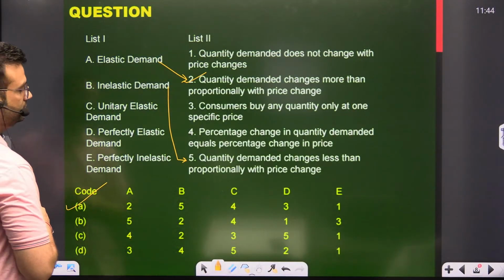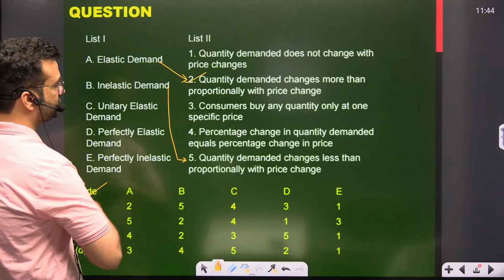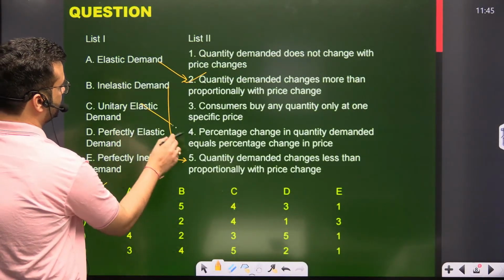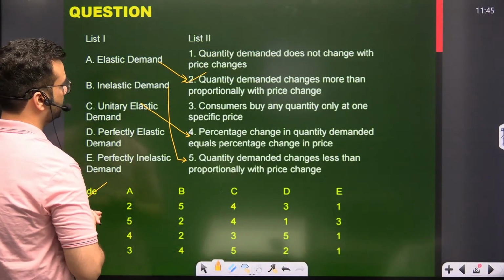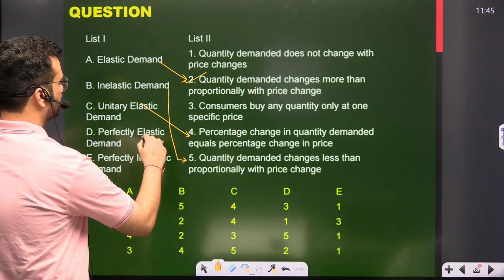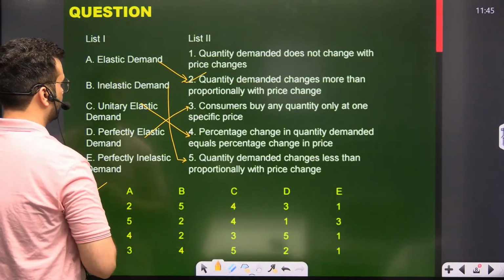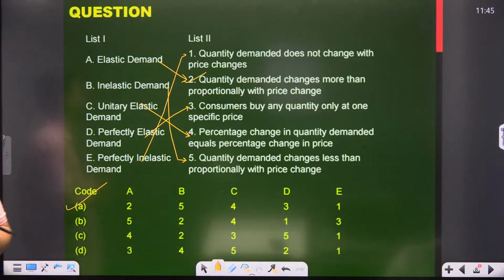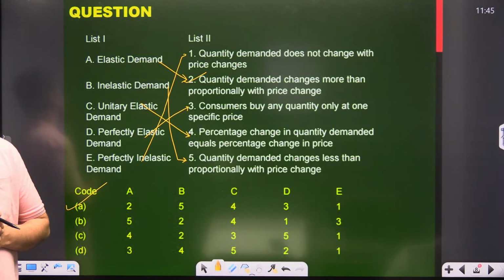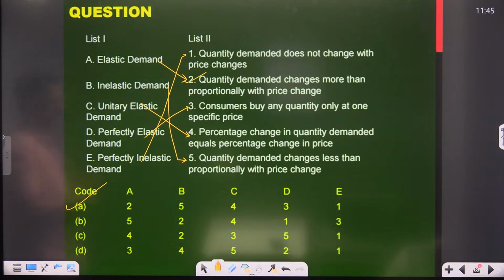Unitary: percentage change in demand is equal to percentage change in price. Perfectly elastic demand: consumers buy any quantity at one specific price. Perfectly inelastic: this one. So A is the correct answer of this question.